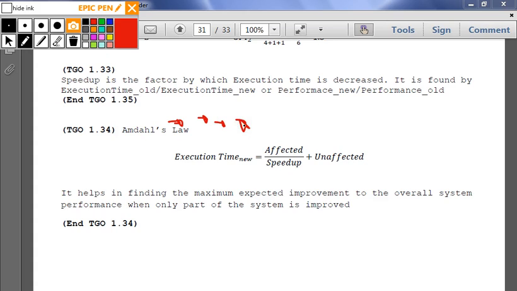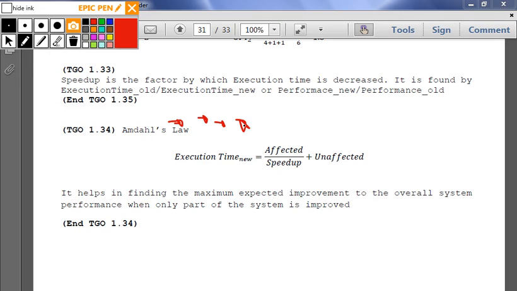So the whole idea behind speedup is the factor by which execution time is decreased. So execution time old divided by execution time new, or performance new divided by performance old. And so Amdahl's law: the execution time is equal to the affected time divided by the speedup, plus the unaffected time.